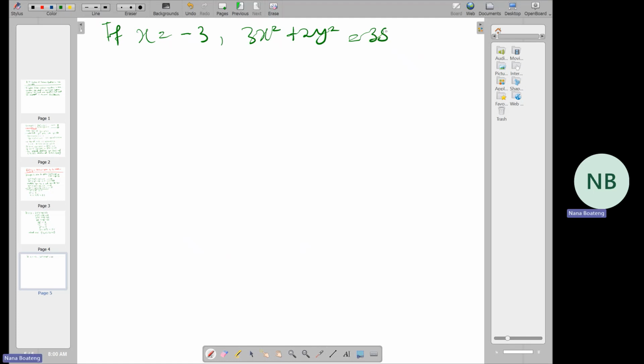So we have 3 times -3 squared plus 2y squared is equal to 35.